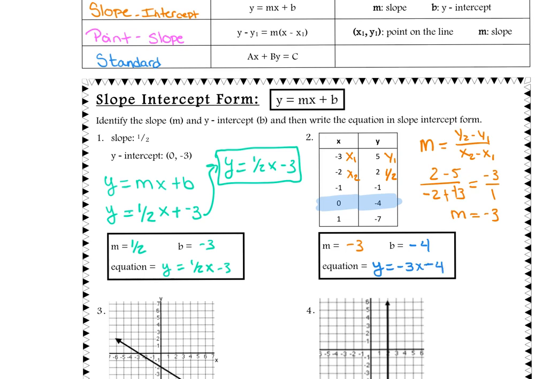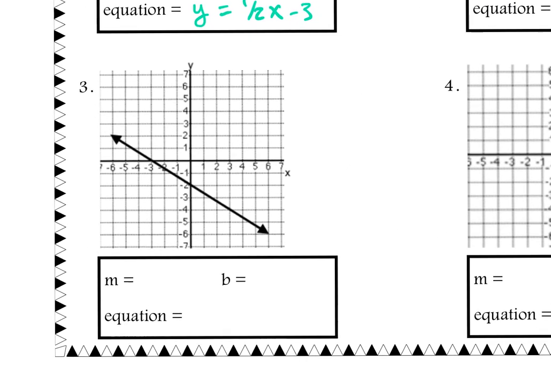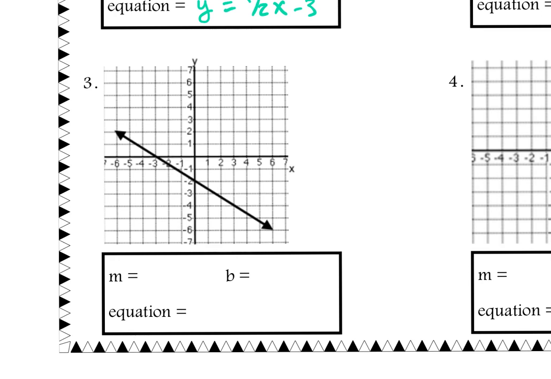All right, moving to question 3. On question 3, we're given a linear representation, and the most important thing that we need to do here, y'all, is find 2 good points so we can find slope. So I like to personally go with ones that touch the axes because those are going to be very, very easy points.